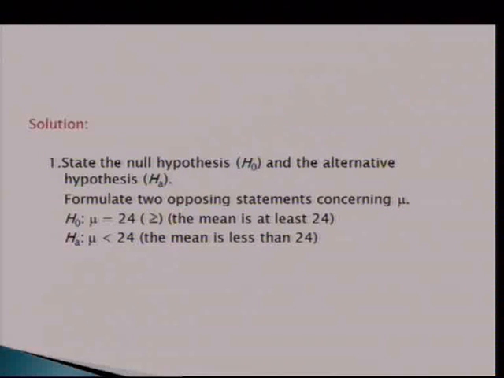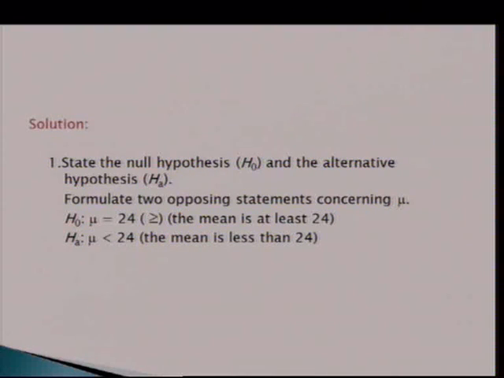Now the solution procedure starts. The first step is to state the null hypothesis and alternative hypothesis. We say the null hypothesis is that the mean is 24 ounce, and the alternative hypothesis is that the mean is less than 24. Whenever we say the mean is equal to 24, that means the mean is at least 24.